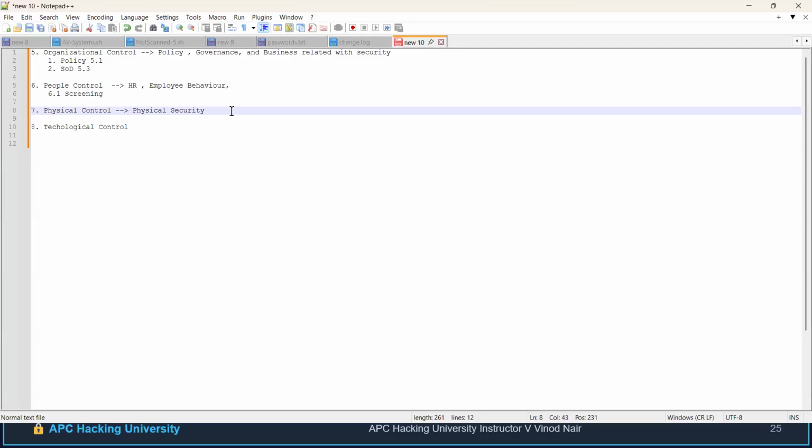For example, within the organization you have a reception area, a server room, some critical rooms, and a safe locker. I'll give you two or three examples which you can remember.